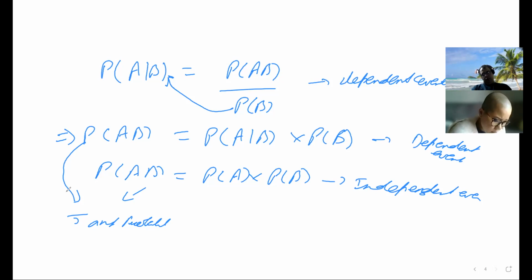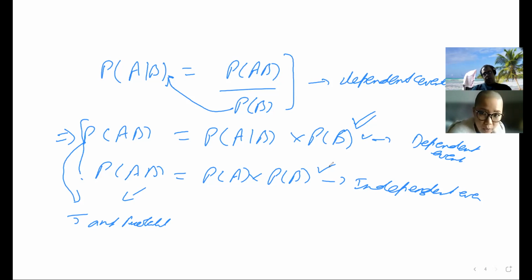So, okay. The first one is dependent event. These are dependent events. These are independent. I have given you joint probability of dependent events as well as independent.